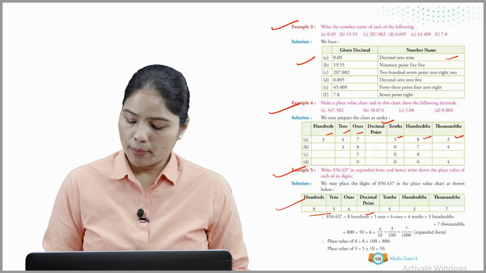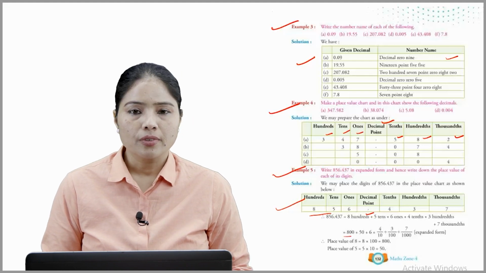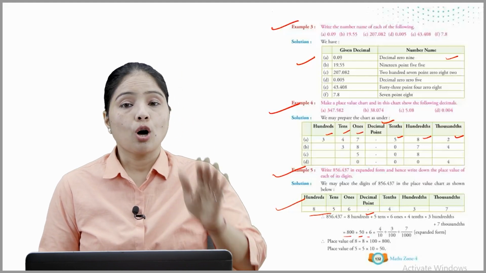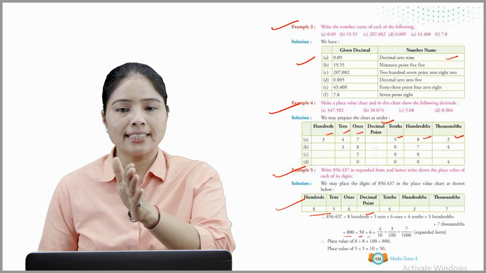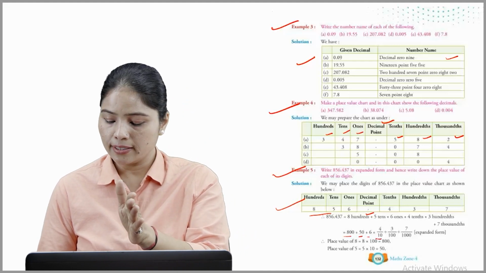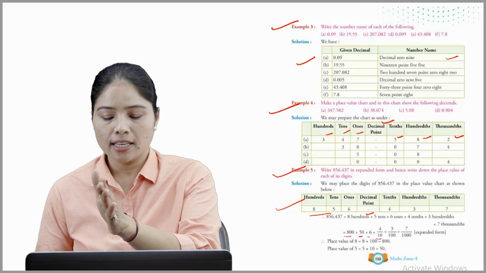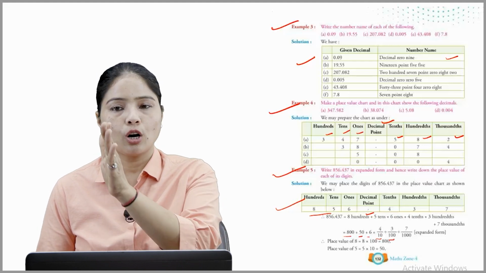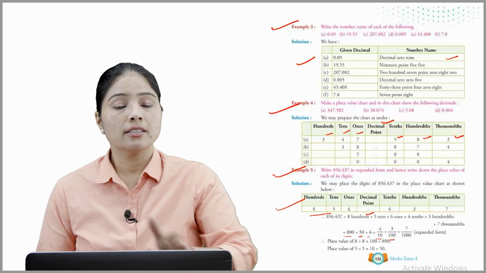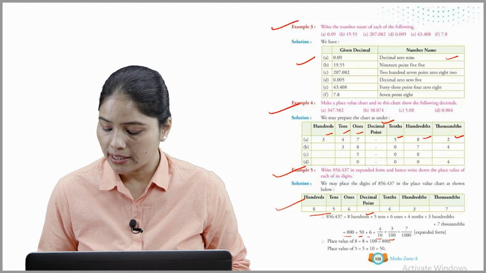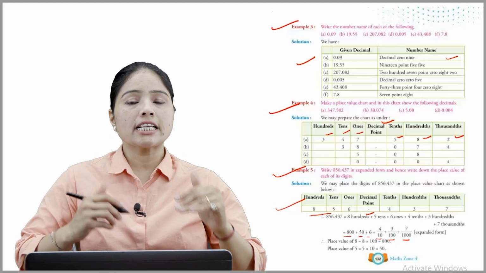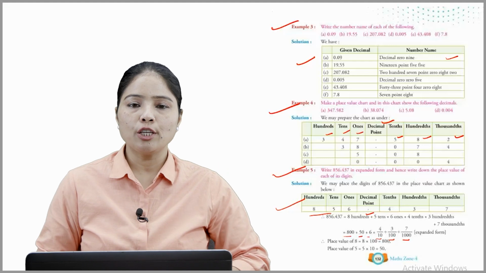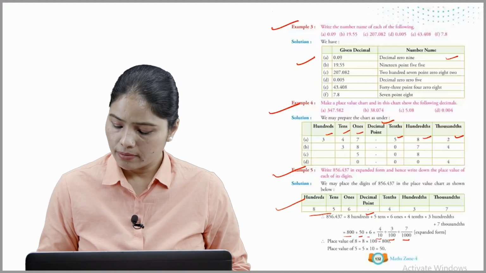So our expanded form becomes 856, and the 4 tenths becomes 4/10, the 3 hundredths becomes 3/100, and the 7 thousandths becomes 7/1000. So this is the expanded form. Place value of 8 is 800.